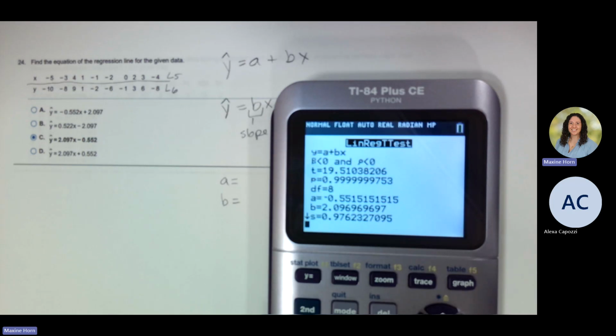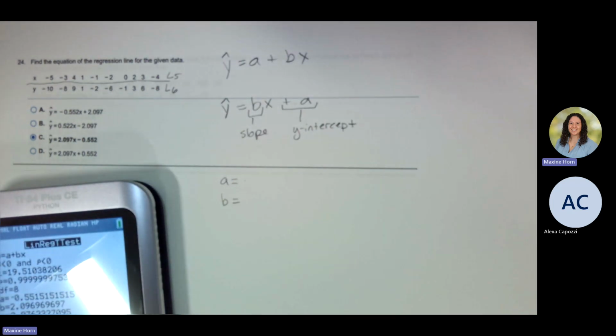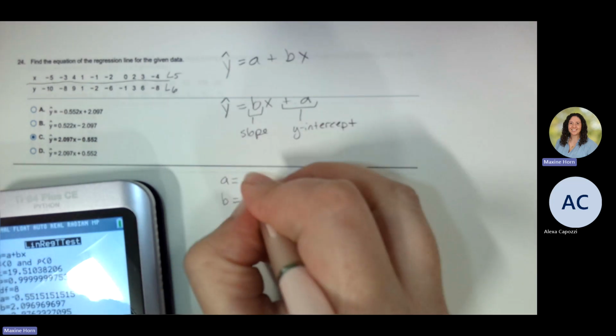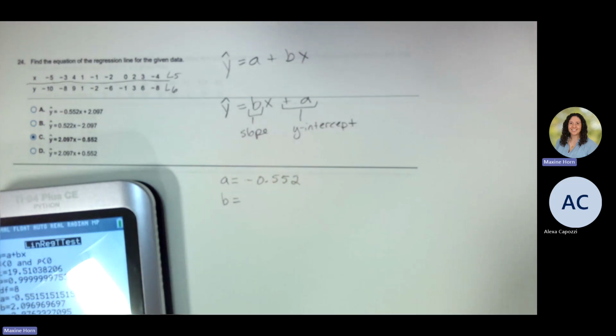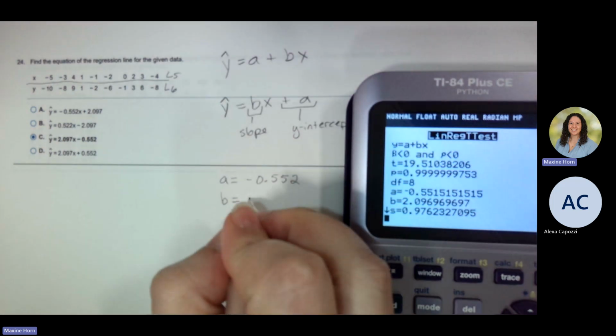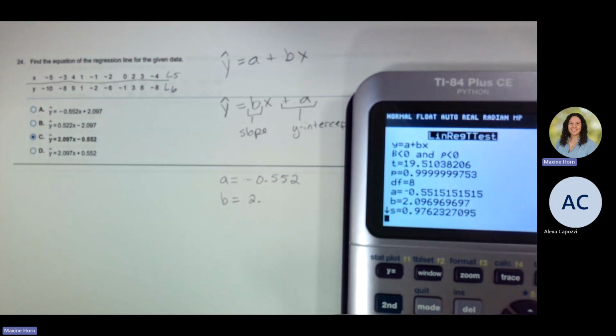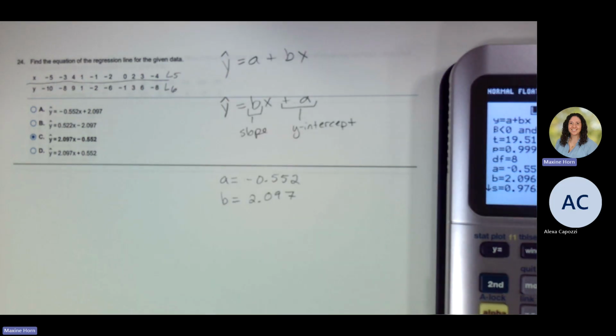So the a value that it gives us is negative 0.552 if I go to 3 decimals. And the b value that it gives us is 2.097 when I round.